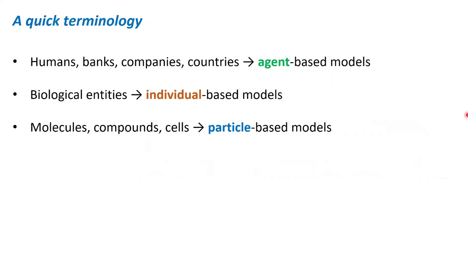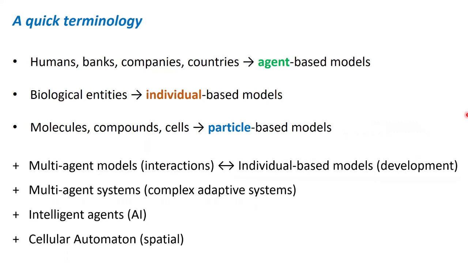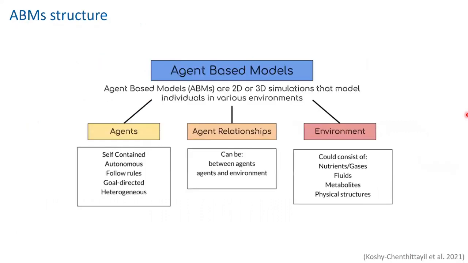Sometimes we talk about particle-based models, in which the agents are at the subcellular level. And then there are other terms that are often used, like multi-agent systems or cellular automaton models.